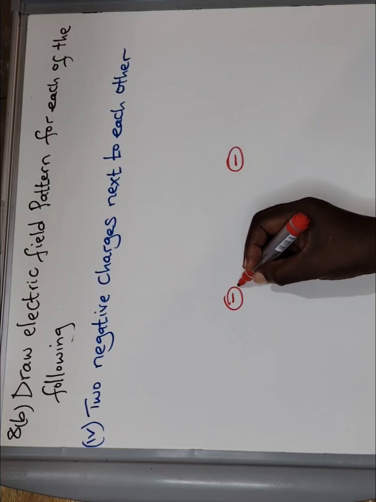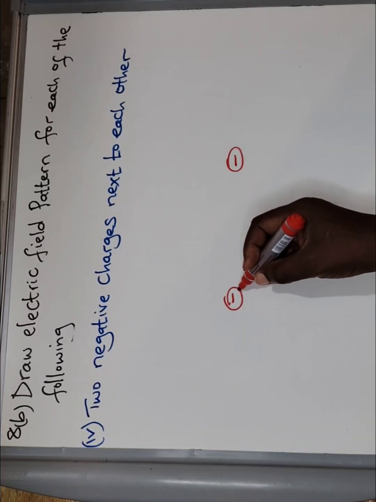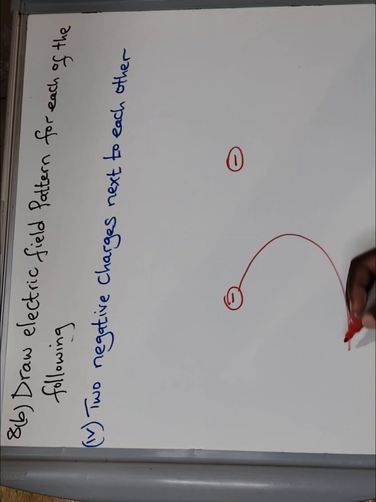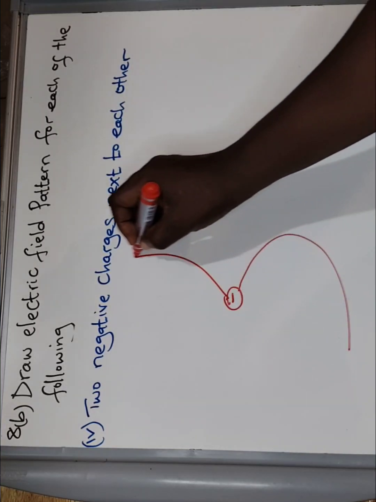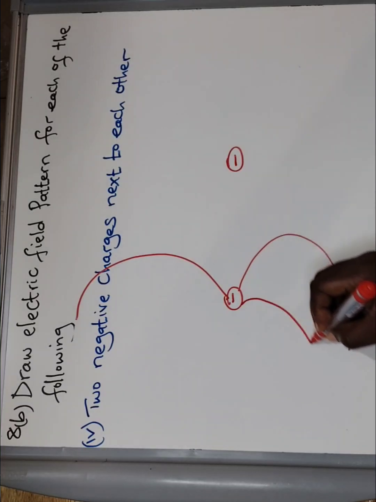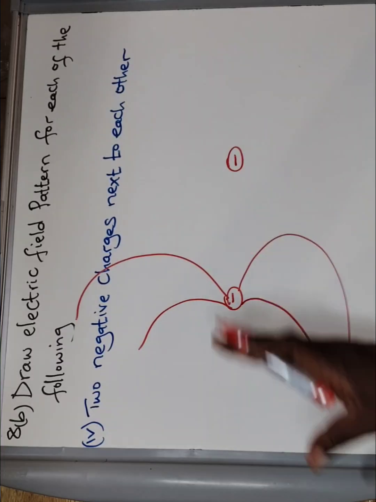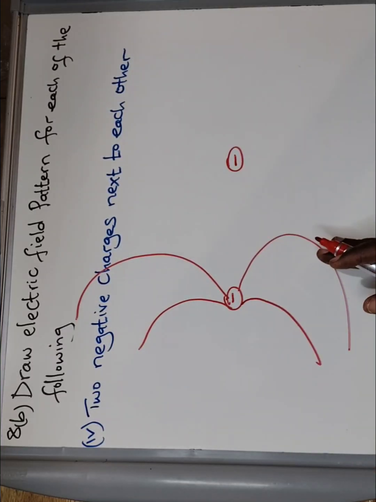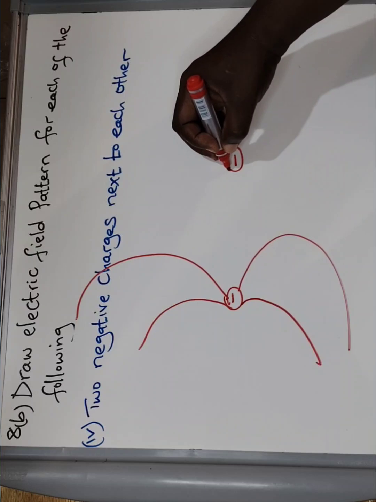So when this one tries to go straight, it sees a bad neighbor and it curves. When this one is trying to go straight, it sees a bad neighbor and it curves. The curving of the next one is less than that of the first one because it is some distance from the other charge. The same applies to this side.